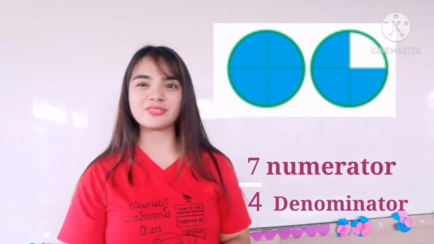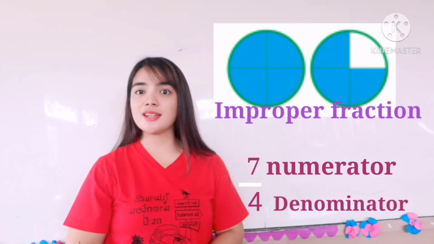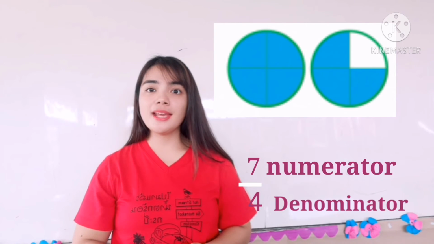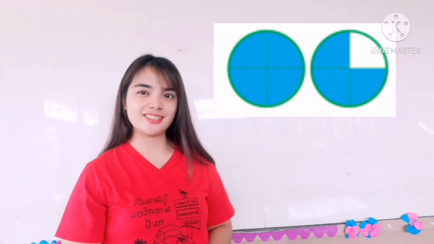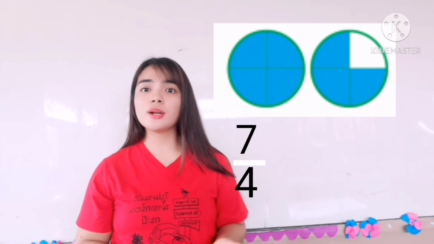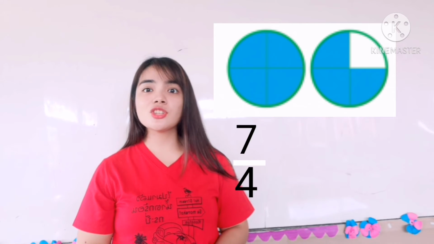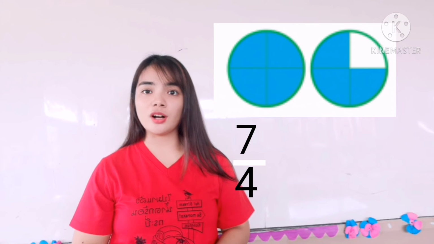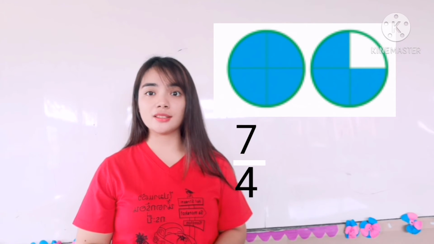Very good. So we're going to use this last example since it is improper fraction, because we can make this as mixed fraction to simplify our answer. Since we have 7/4, how are we going to make it as mixed fraction? We can just divide 7 divided by 4. So we have 1.